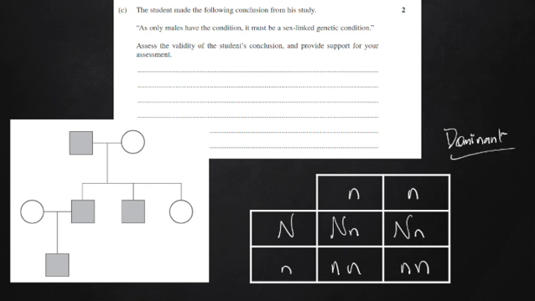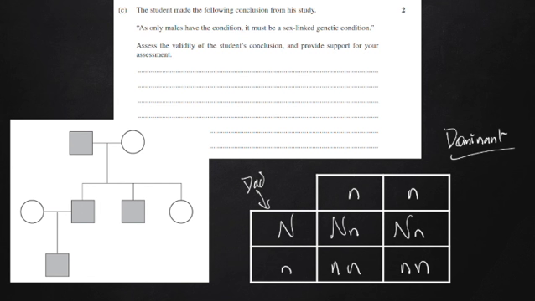So again, we're just going through and eliminating a few options here. If the father has it, this is dad, and he does have it in the pedigree, the mum doesn't, so she would be homozygous recessive, but the offspring that we see in the pedigree match the Punnett square. Yeah, there would be some that have it and some that don't. So it could be dominant. So far, it could be sex-linked recessive, and it could be autosomal dominant.